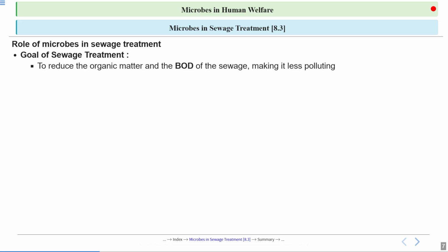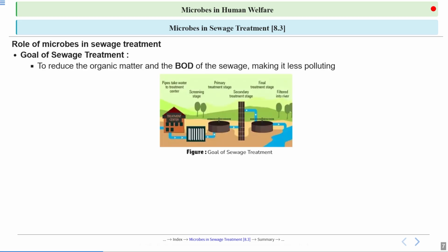If we reduce the organic matter, the BOD will also decrease, and this water will be safer for aquatic life as well. Here you can see an image showing the goal of sewage treatment. You can see the pipes taking water to the treatment center.